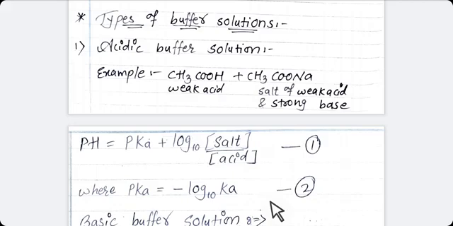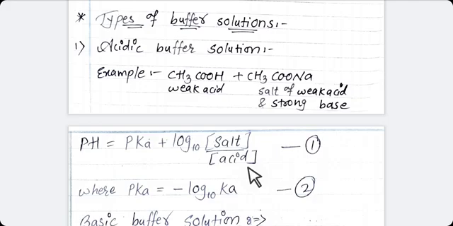So the formula for the pH of acidic buffer is given by the equation pH is equal to pKa plus log to the base 10 of the concentration of salt upon concentration of acid. As you know, this square bracket is nothing but concentration. I hope you understand what the acidic buffer solution is and the formula of acidic buffer solution.